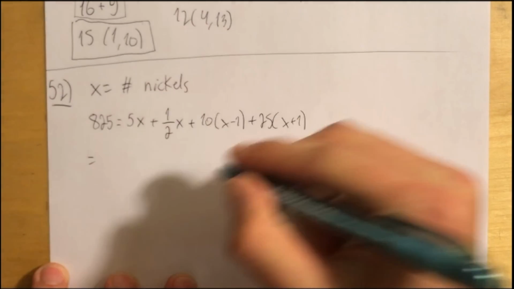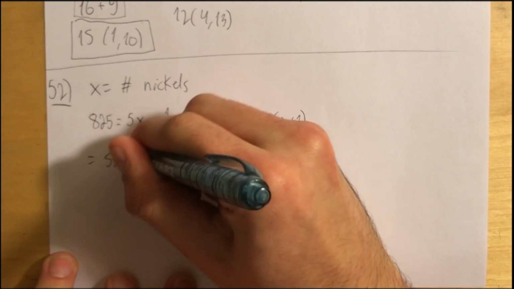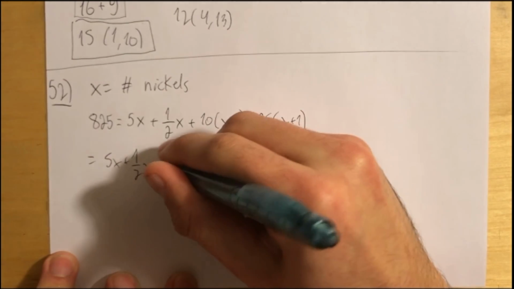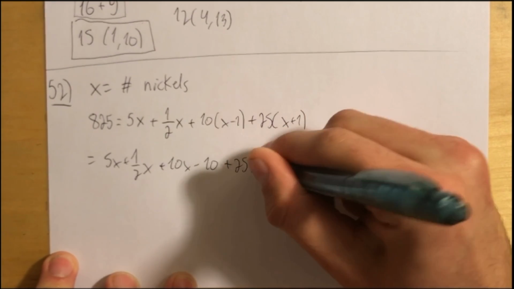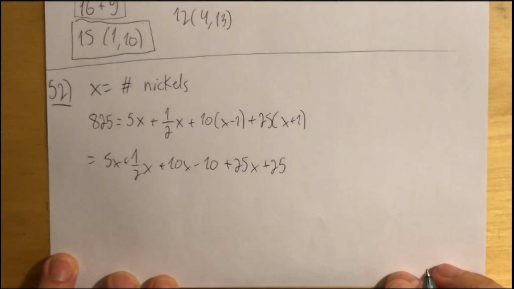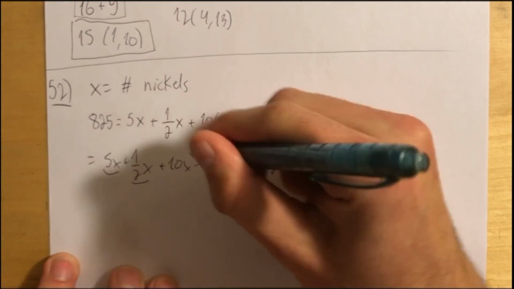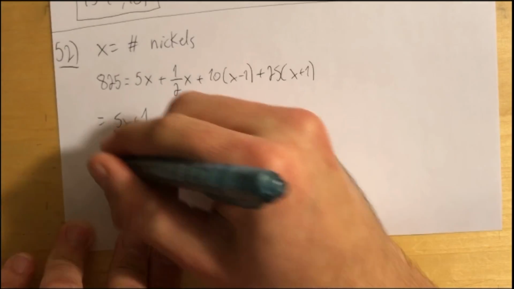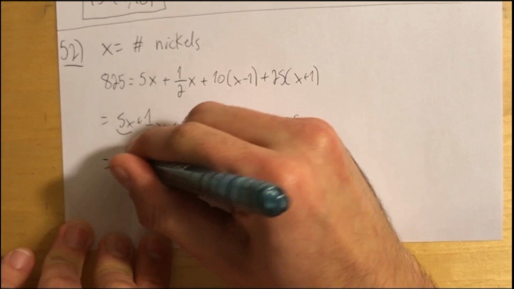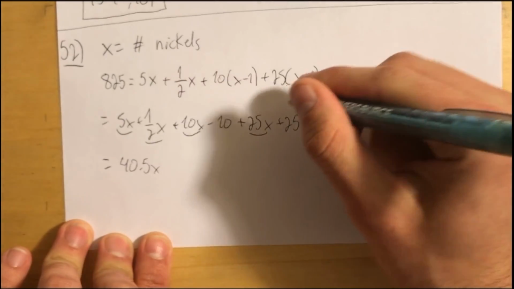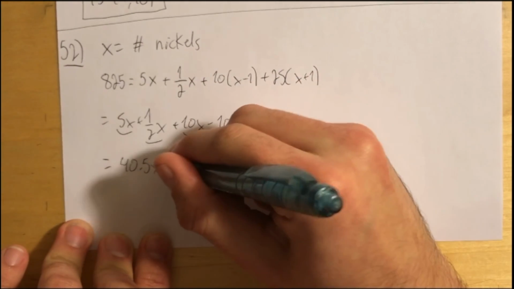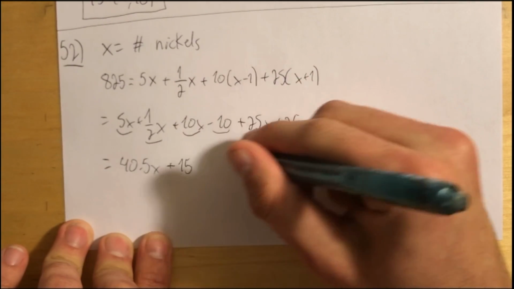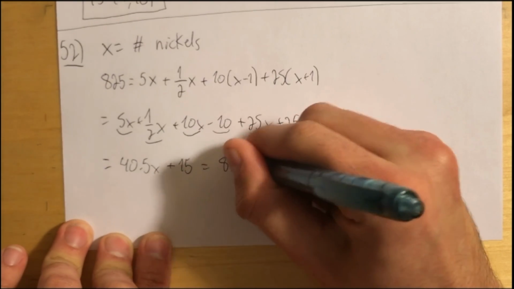So this is 5X plus 1/2 X plus 10X minus 10 plus 25X plus 25. By grouping up all the X terms, we get 40.5X minus 10 plus 25, which is plus 15, equals 825 cents.